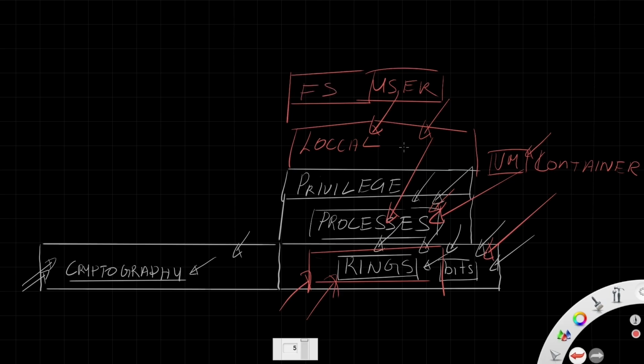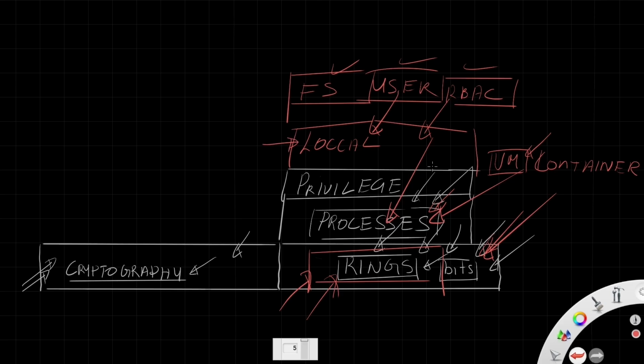Role-based access control, most of which is built on top of processes or admin controls. Basically, all of these security measures can be bypassed if these bits are bypassed. That's the point here. So this is called local security because it is local to the hardware.